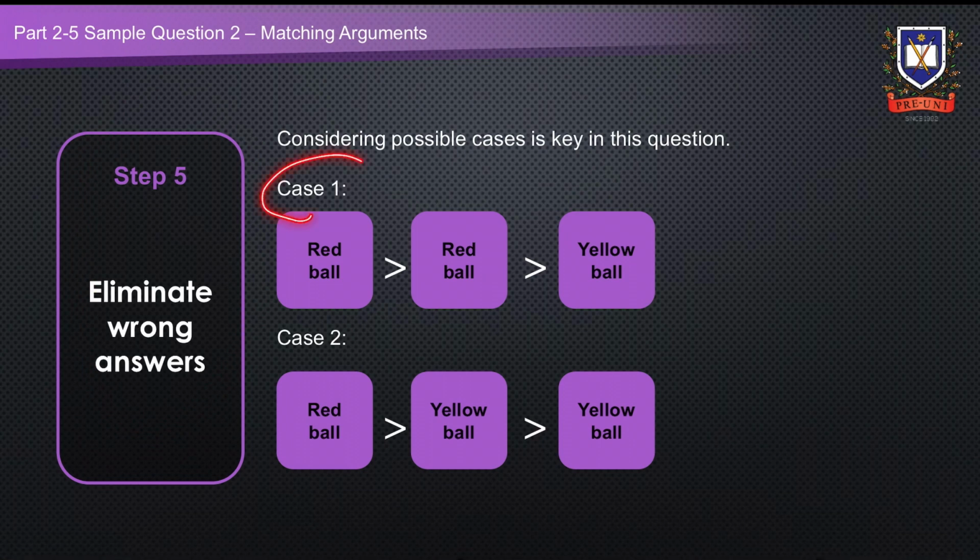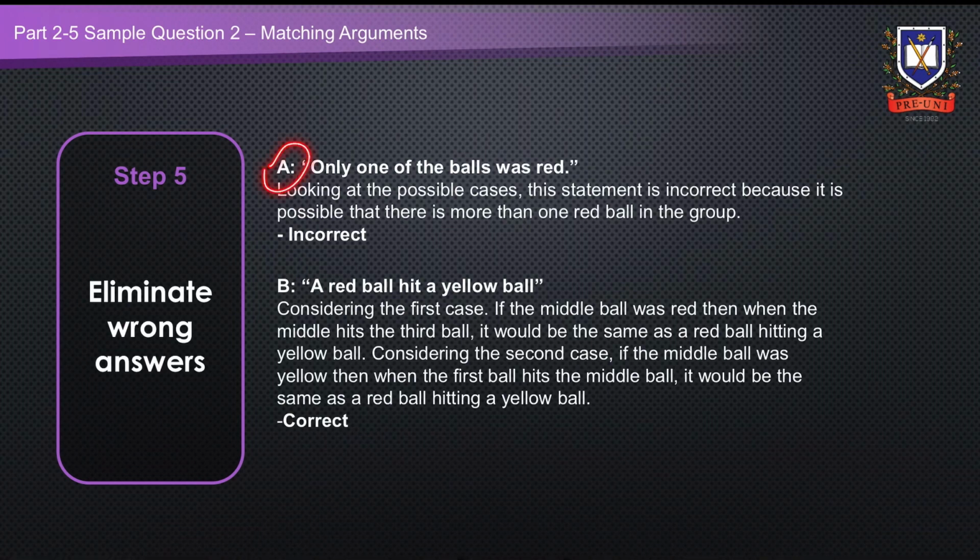Case 1 is when the middle ball is a red ball, and case 2 is when the middle ball is a yellow ball. Option A states that only one of the balls was red. Looking at the possible cases, this statement is incorrect because it is possible that there is more than one red ball in the group.